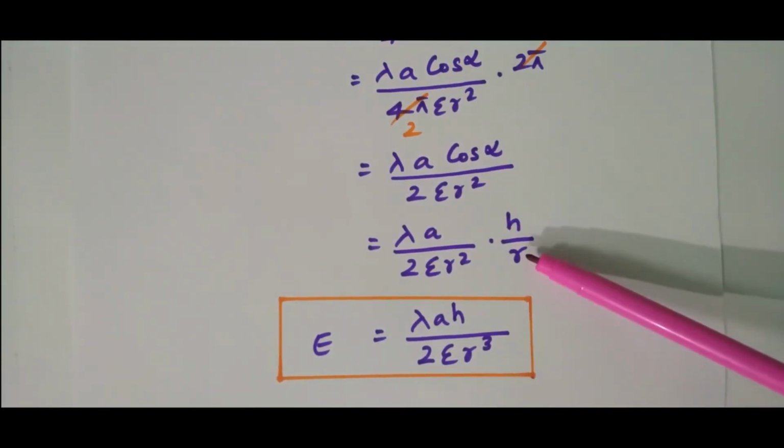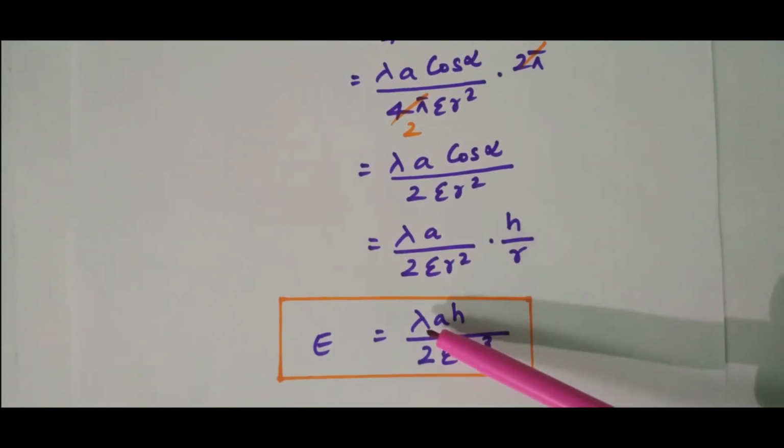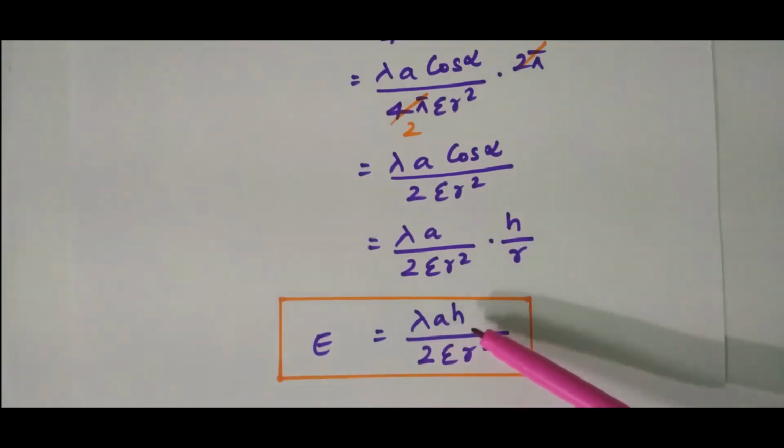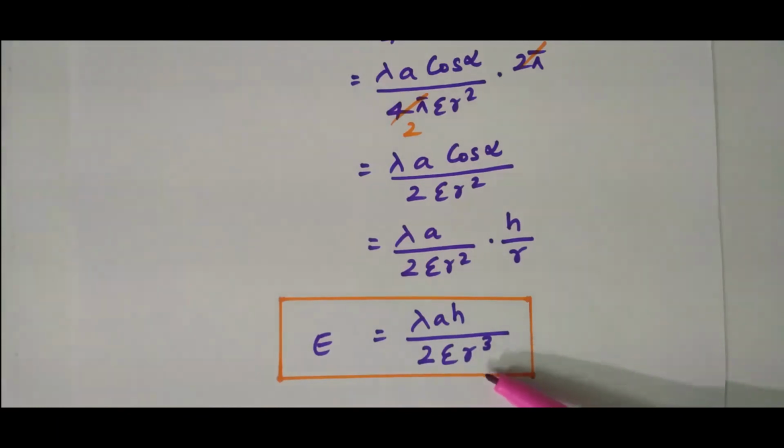So lambda a h divided by 2 epsilon r cube. Finally, we got the expression for the electric field intensity due to the charged ring: E equals lambda a h divided by 2 epsilon r cube. So in this video we got the expression for electric field intensity due to the charged disk and charged ring.